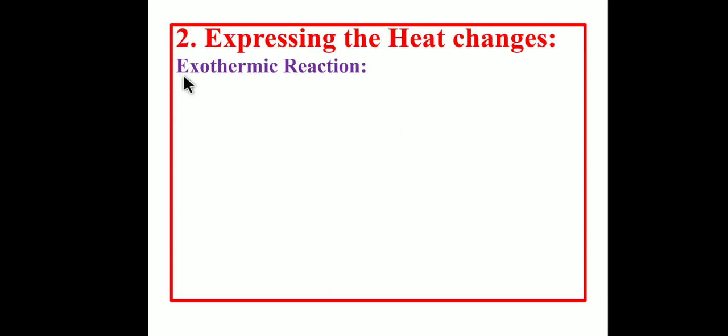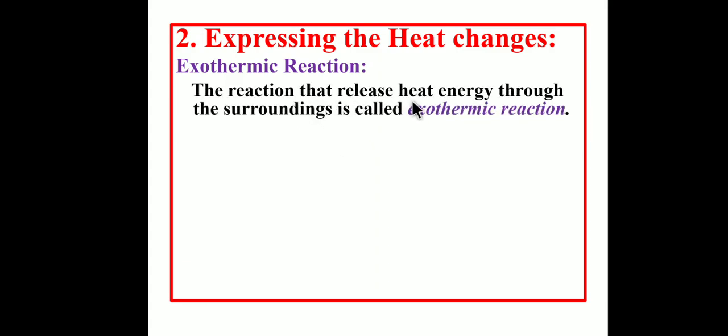Exothermic, the name exo itself indicates, we have to remember exo as exit. Exit in the sense of going out, that means releasing out. Thermic, heat energy. So exothermic is a reaction that releases heat energy to the surroundings.